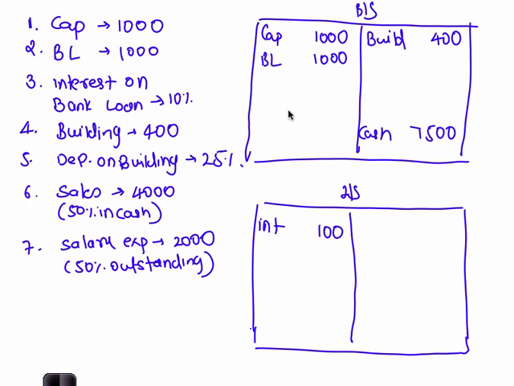Can I say depreciation is an income? Depreciation is an expense. It's a reduction in value of the asset. So depreciation 100 here. And then cash will reduce by 100? No? Cash will not reduce?